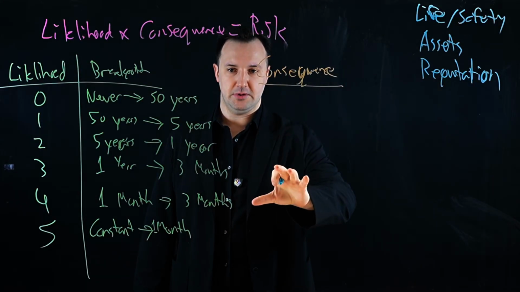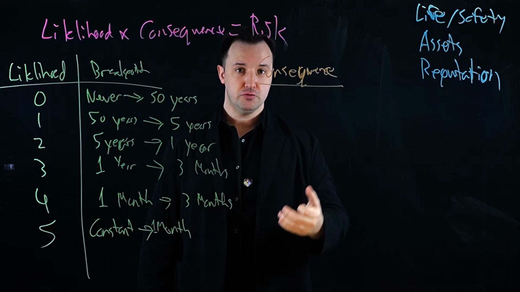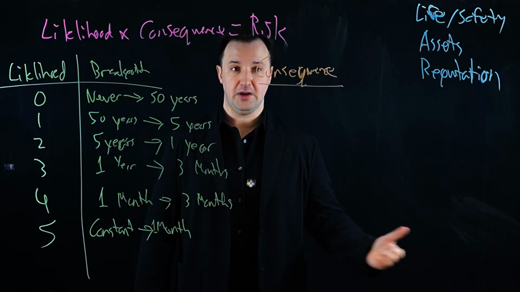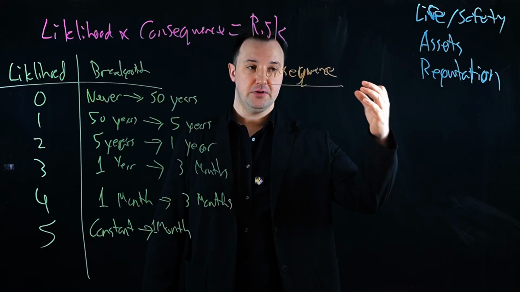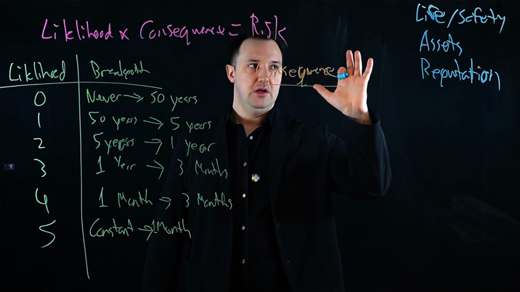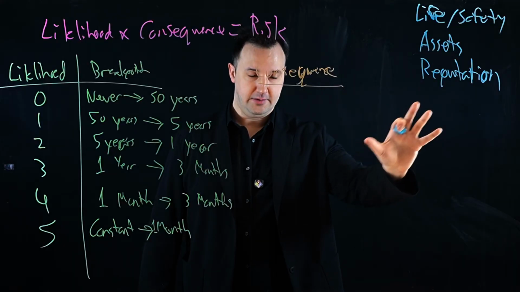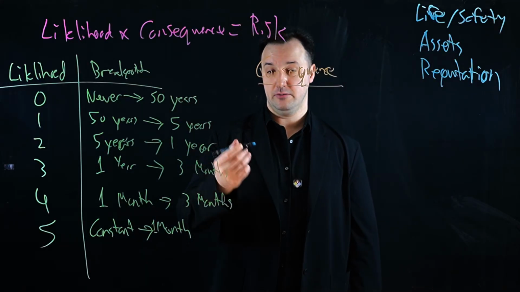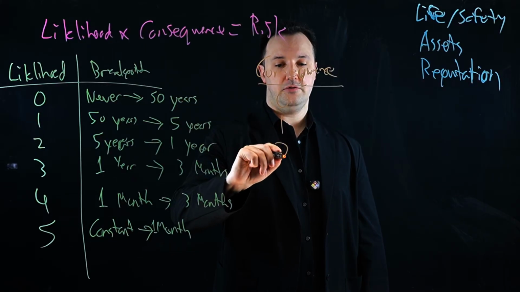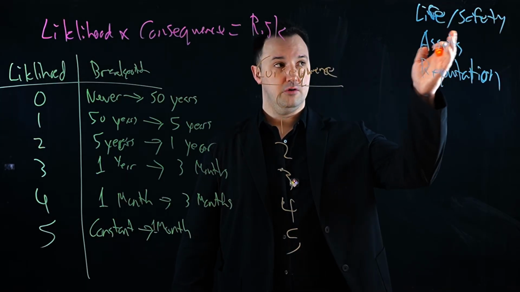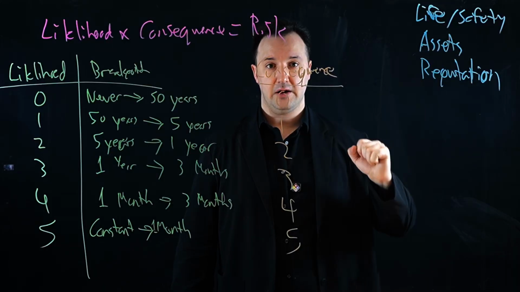When you make consequences for a risk assessment, you can choose to use all of these. You can choose to use one of these. You can choose to use 2, whatever. But which ones you choose to put in are going to change how this whole thing works. So this is going to matter a lot. For example, if you do life or safety, then you're going to have to quantify what a 0, 1, 2, 3, 4, and a 5 are for a life or safety impact.